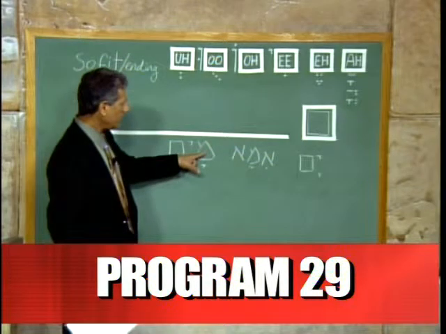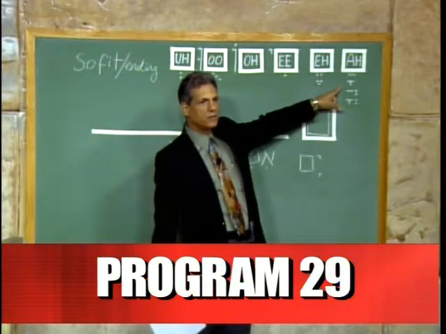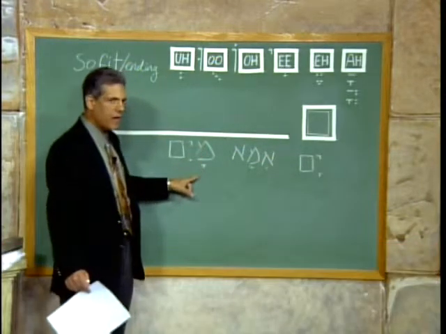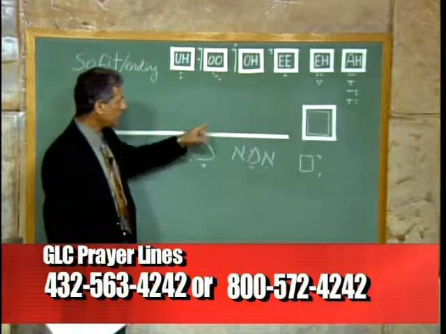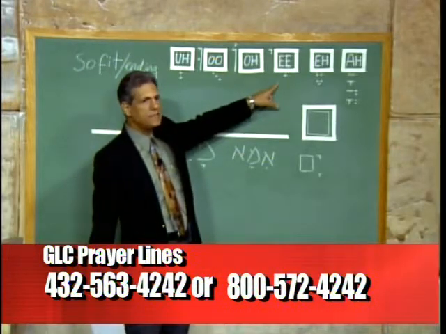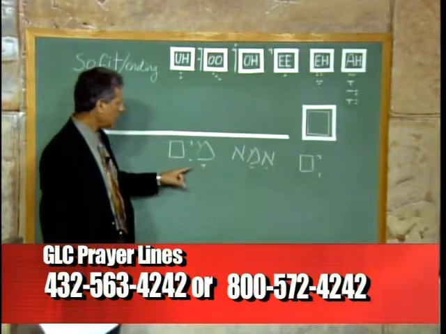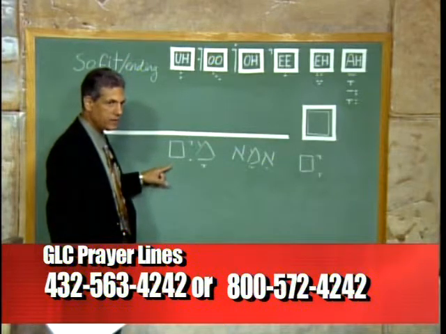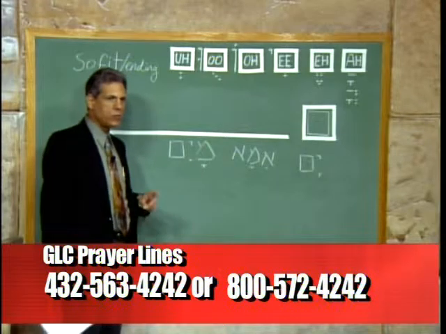We have a mem with an ah sound right from here, then we read it ma. We have a yud and a dot underneath right from here. It's an e sound, and that will be yi. Ma, yim, and another mem, mem sofit, ending mem. Mayim. Mayim is water.